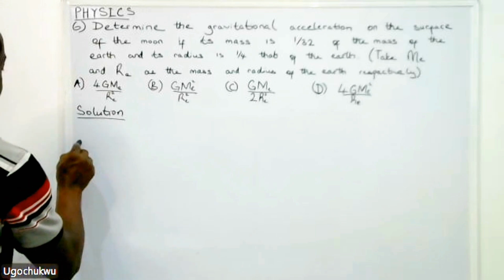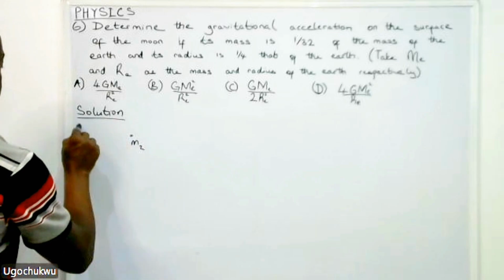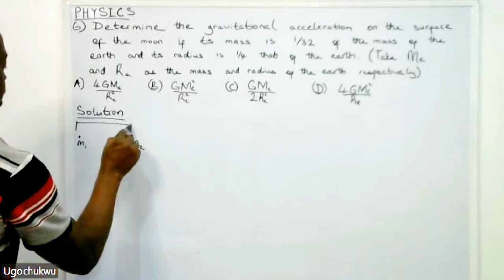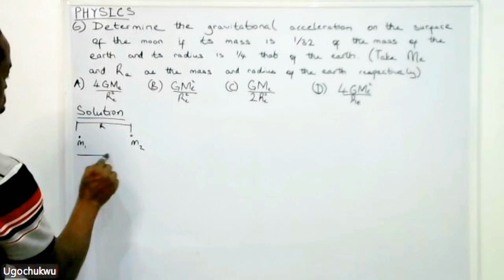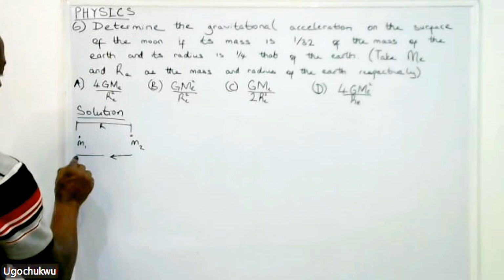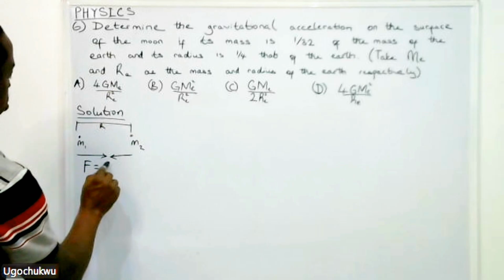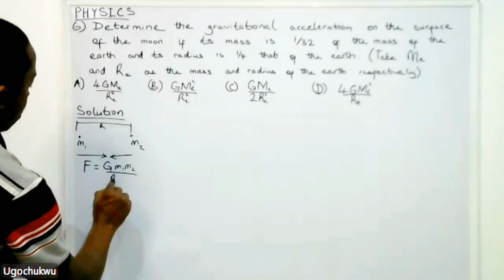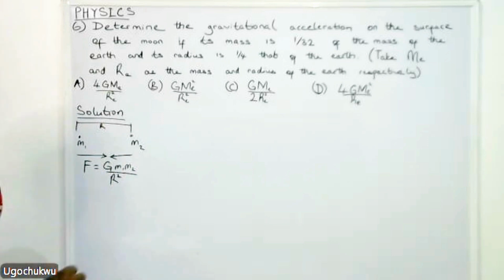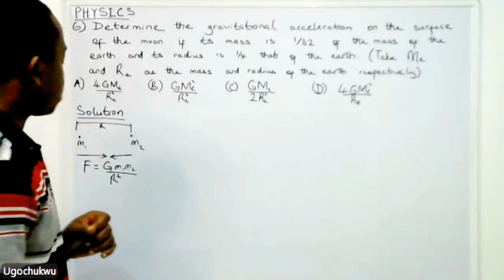It says that when we have two masses, M1 and M2, separated by a distance r, then the force of attraction between the two masses is given by F is equal to G M1 M2 all over R squared, where G is a constant known as the gravitation constant.